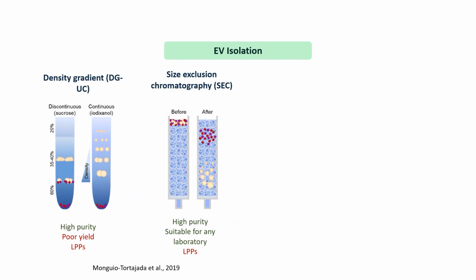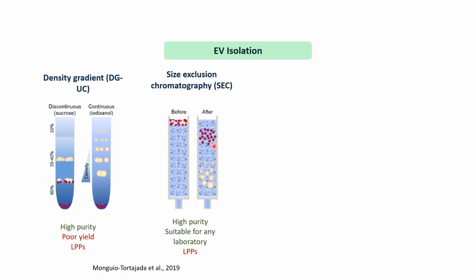Besides that, we can have a density gradient ultracentrifugation, which improves the purity of ultracentrifugation, but has the drawback of reducing the yield, and also size exclusion chromatography, in which the sample components are separated because of size.